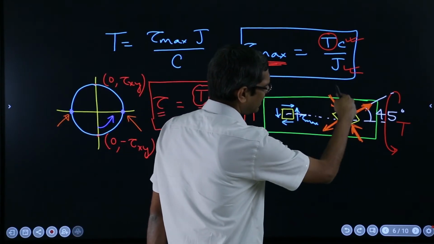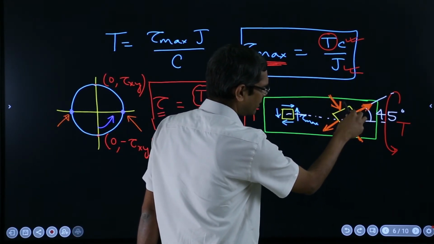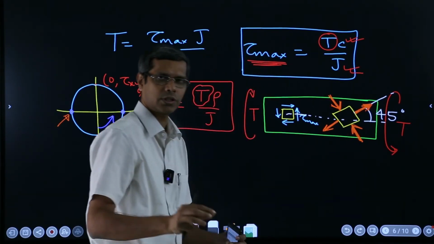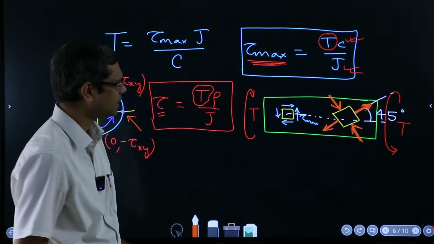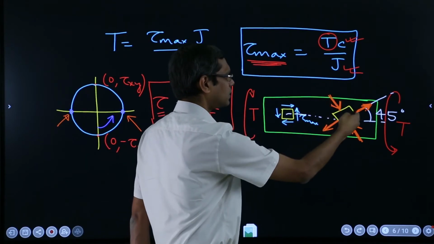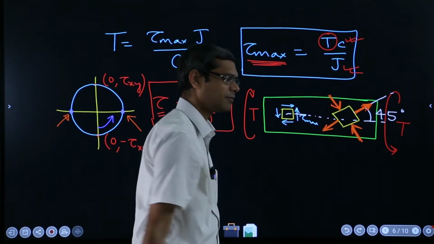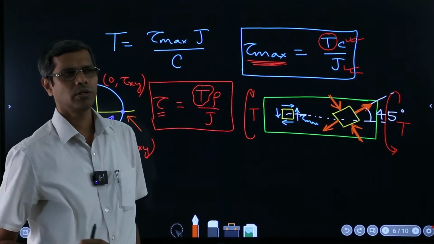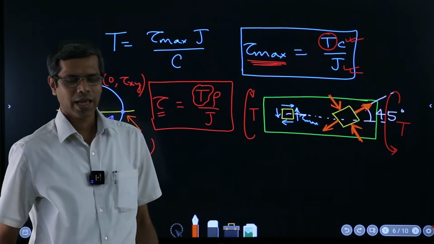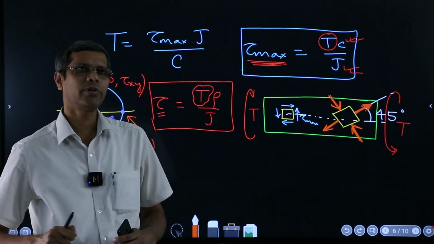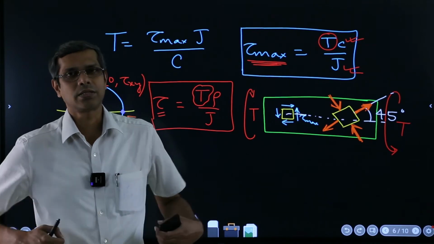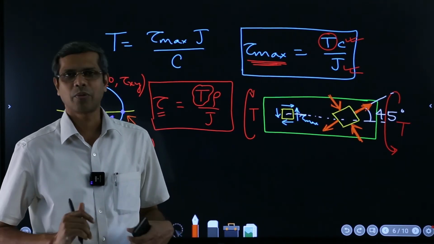At that 45-degree angle, you are having tensile forces, which are acting like this, and at 90 degrees it's compressive. And chalks are brittle materials, and brittle materials are very weak in tension, but very strong in compression.